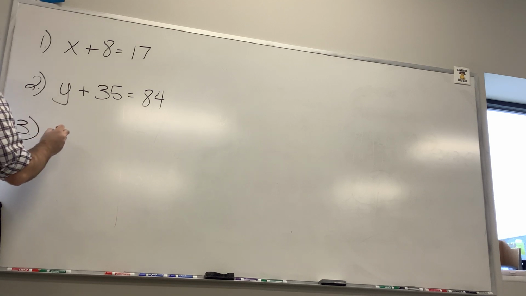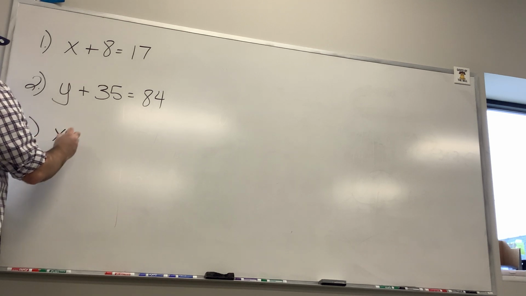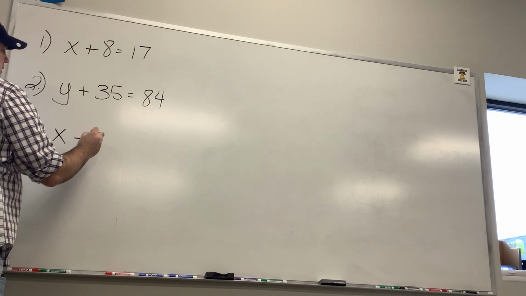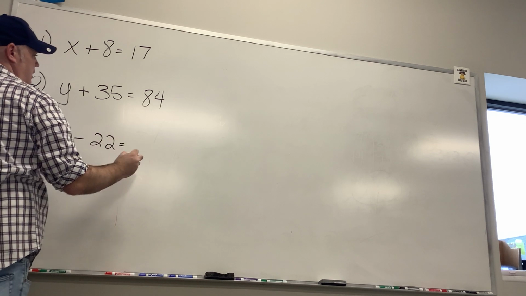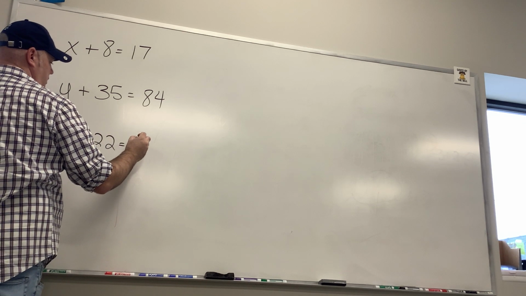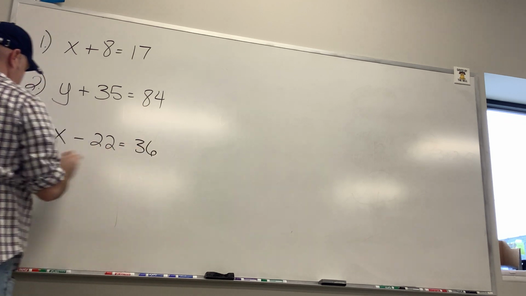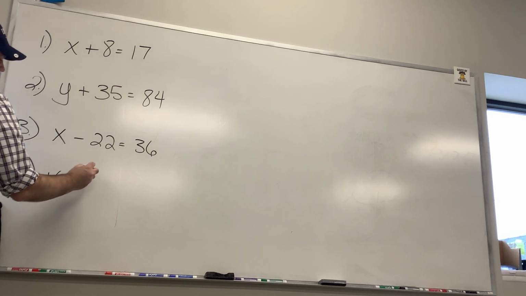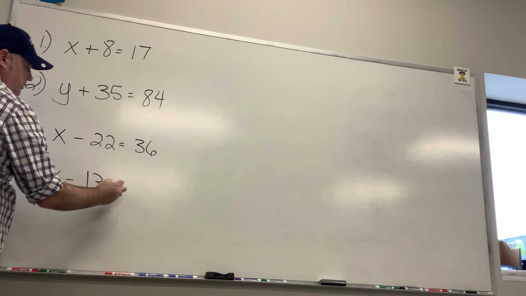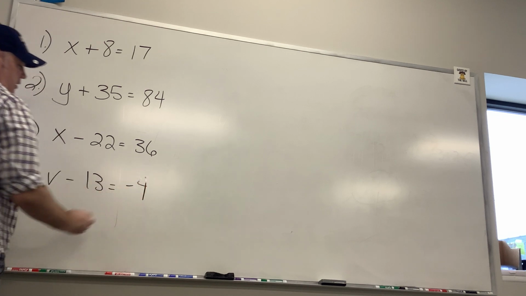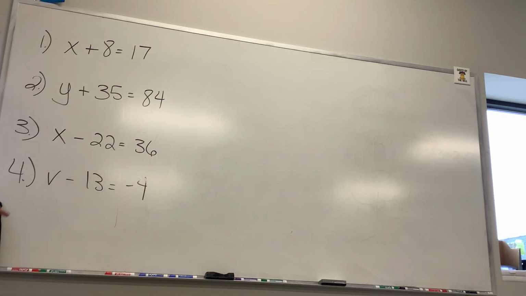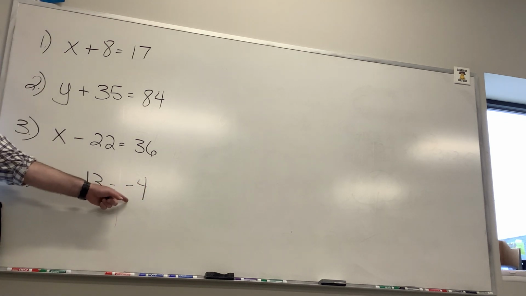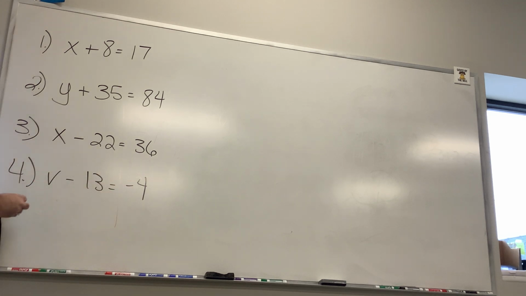Okay, let's do x minus 22 equals 36. Let's do v minus 13 equals -4. Okay, I know we've got a lot of negatives there, but remember, you add 13, then see what happens, okay?